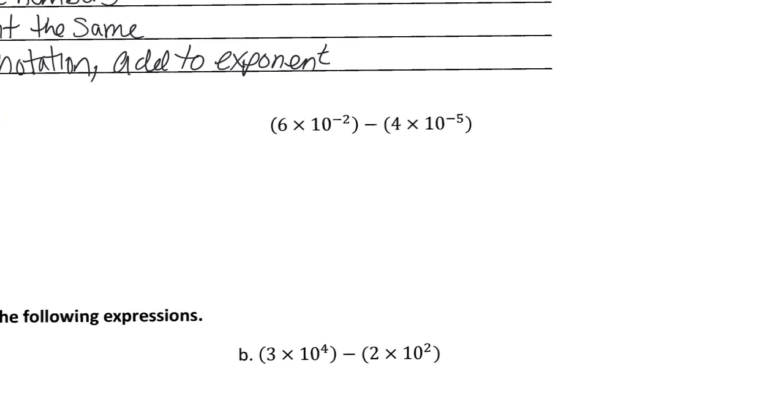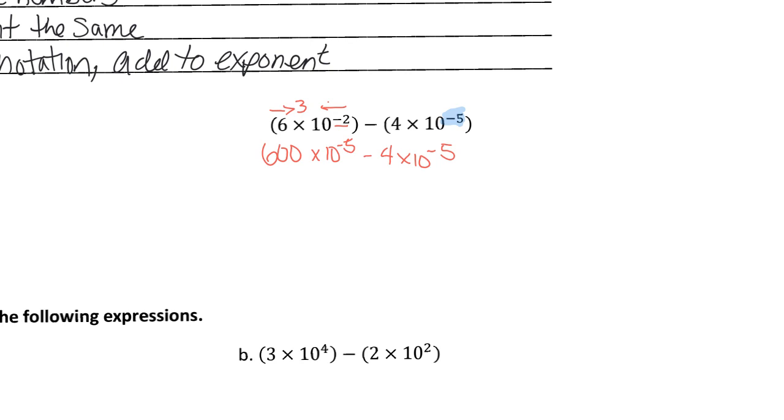So we have 6 times 10 to the negative 2 minus 4 times 10 to the negative 5. The smaller exponent is actually the bigger number in this case, because they're negatives. So that means we're changing this one by 3, making it bigger by 3. So there should be 6,000 times 10 to the negative 5.